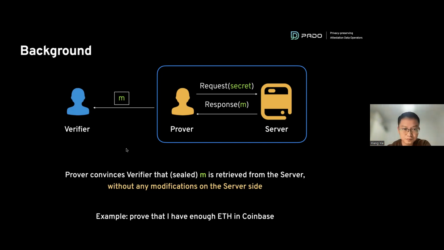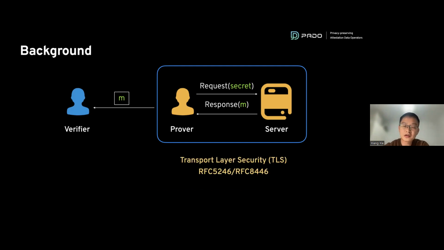And so to make the problem and the solution more general, we are considering the TLS protocol, which means that the prover uses TLS to access the server. This is very common. TLS is a Web2 standard and is widely deployed in a lot of applications.